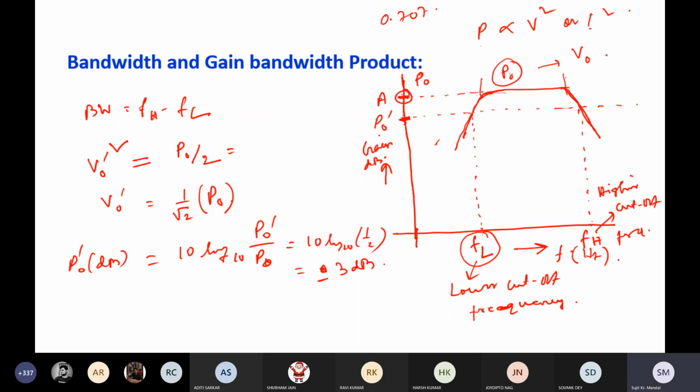Anyway, these are the cutoff points, the lower frequency and the upper frequency, and this is the characteristic without feedback. Now with feedback, what happens? With feedback, the gain characteristic, this frequency response characteristic, is extended like this.